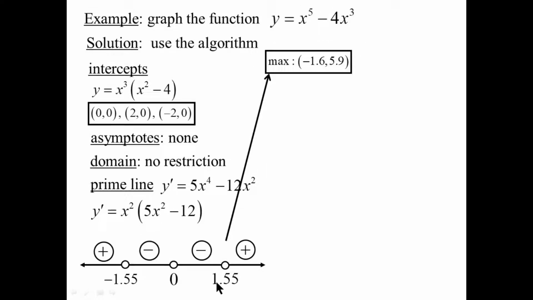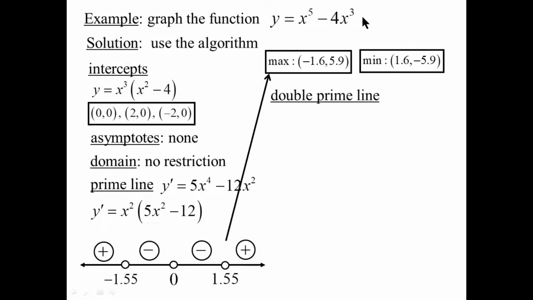And the minimum value, we recognize this first derivative line. It's decreasing to it and then increasing. That makes this a minimum. So a minimum at 1.6, rounded, and negative 5.9, the result of subbing in 1.6 to the original function.